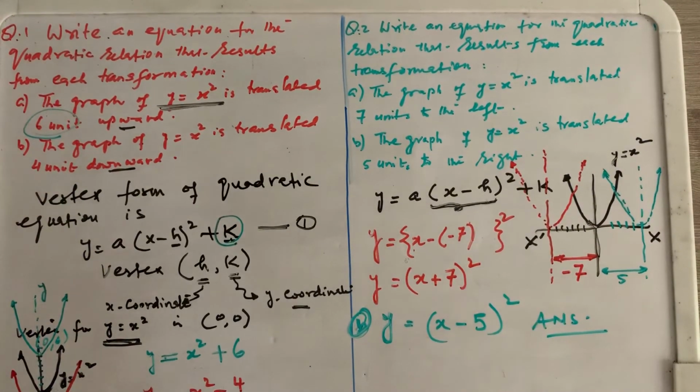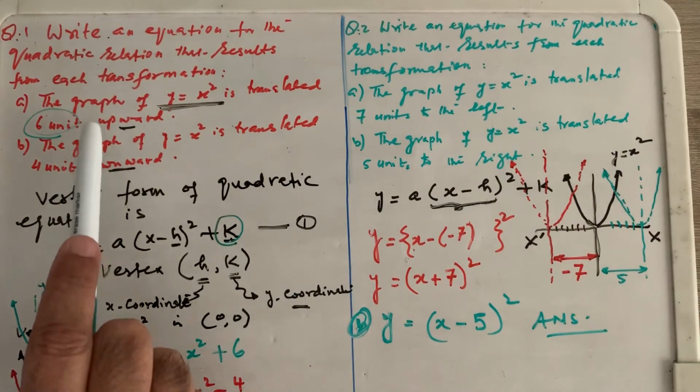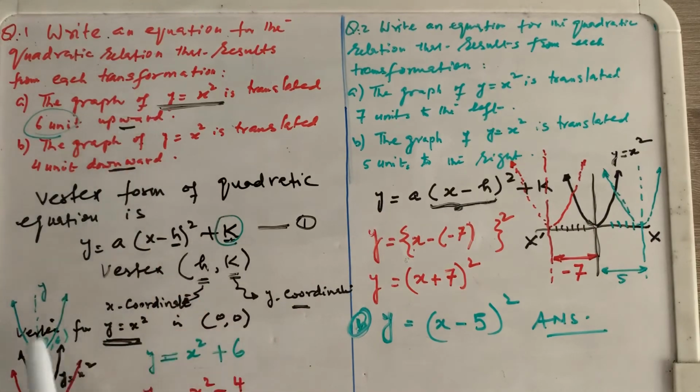So this is how the values of h and k tell us how the parabola is translated or moving along the x-axis or the y-axis. Who is representing those values? H and k. What is h representing? Translation on the x-axis. What is k representing? Translation on the y-axis. So the first part was translated 6 units upward. So this is k because this is on the y-axis.